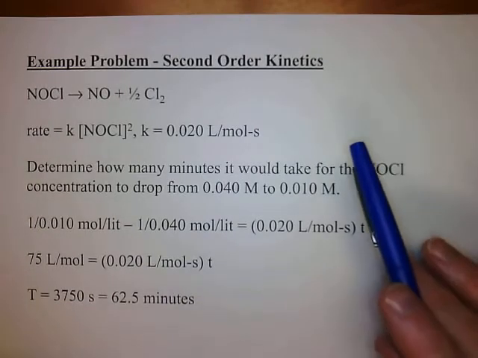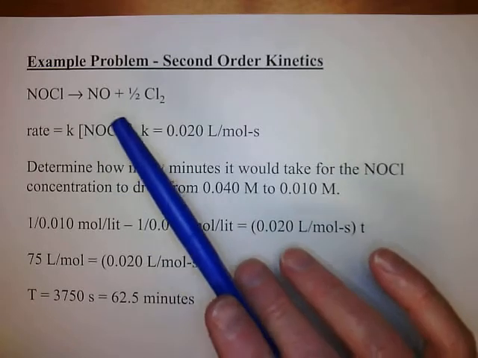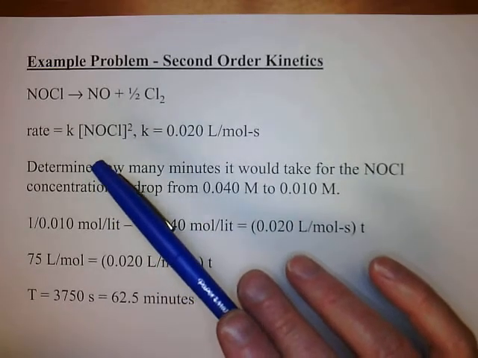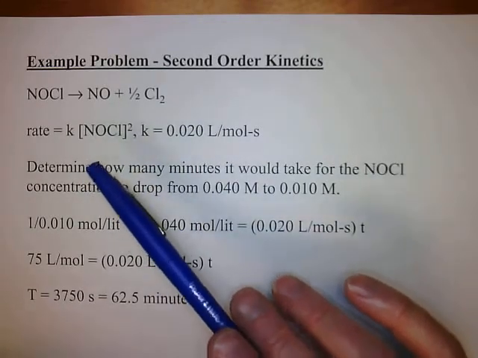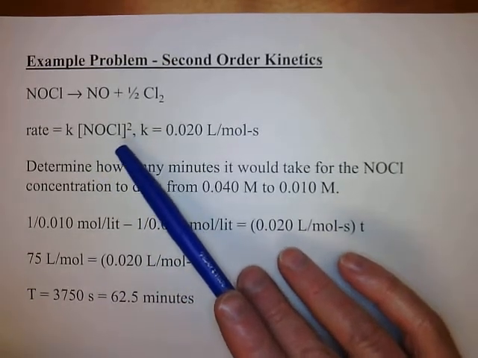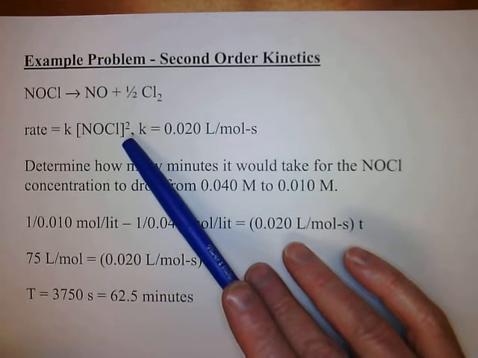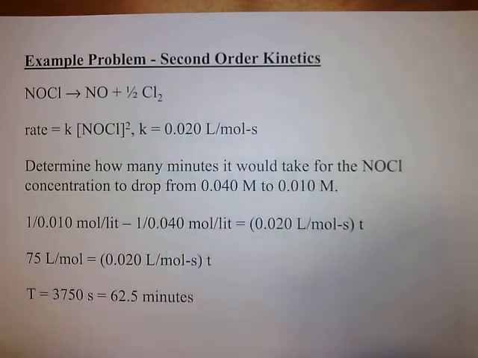Okay, so it's a second order reaction. So that means then that our rate is going to be equal to some constant K times the concentration of nitrosyl chloride squared. Okay, and K is 0.020 liters per mole per second.